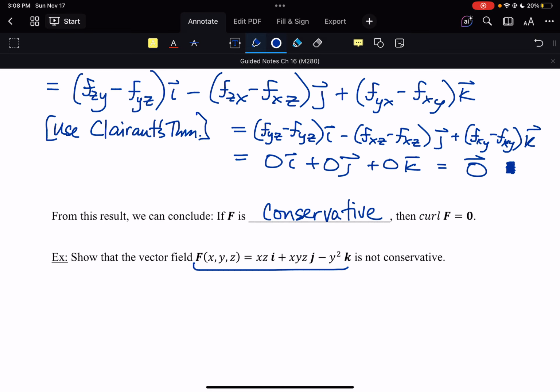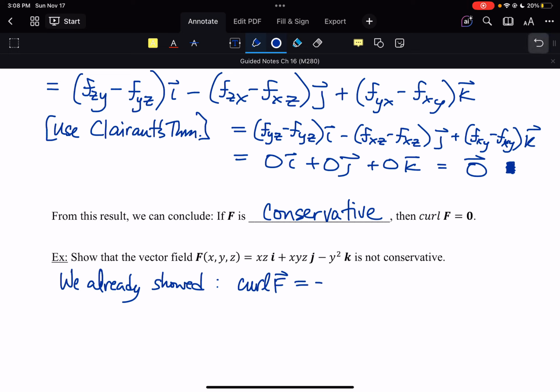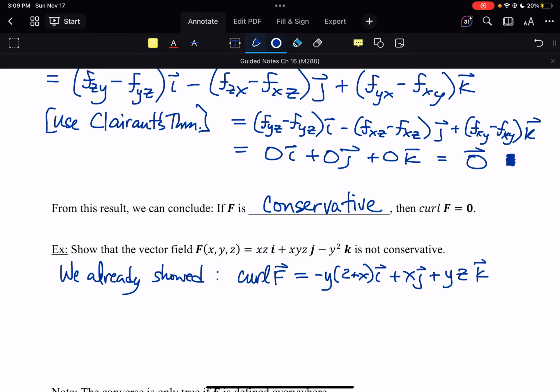this vector field, we've already worked with this one a little bit, so we already showed the curl of F. So this is just from the last page. We just found the curl here, so that's negative y times 2 plus x, i, plus x j plus yz k. So the curl of this gives us this formula in terms of x, y, and z.